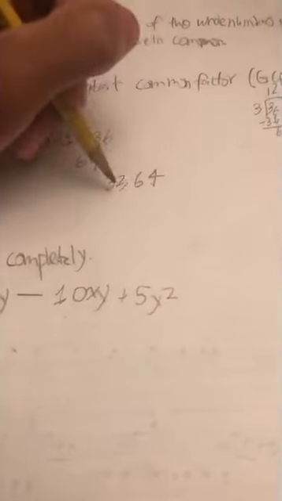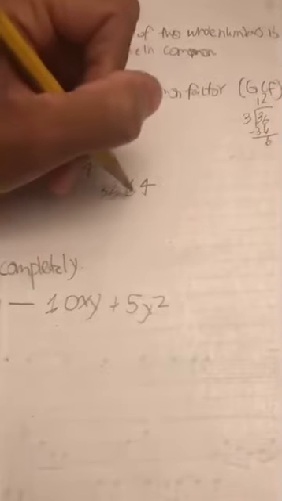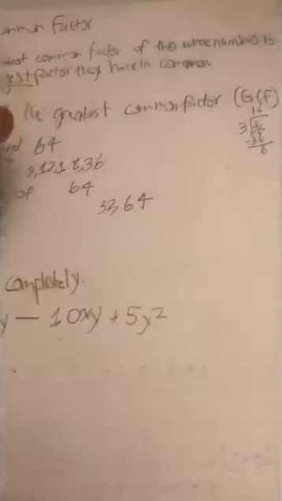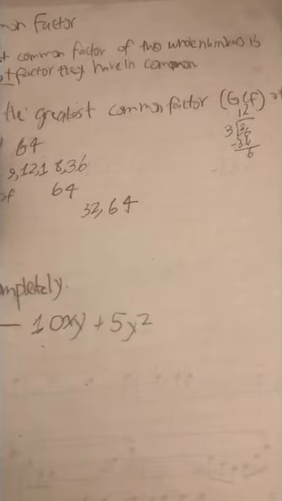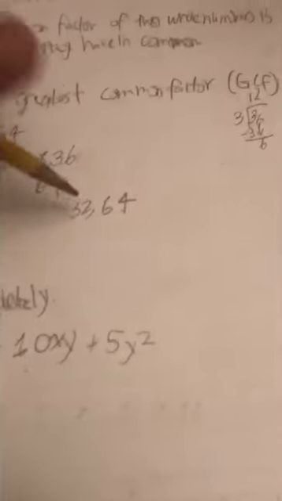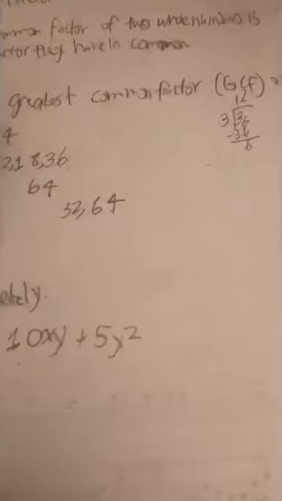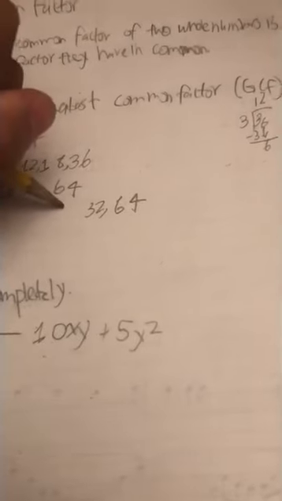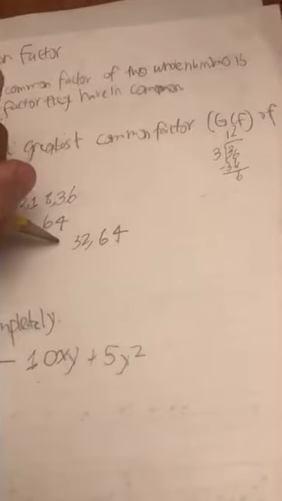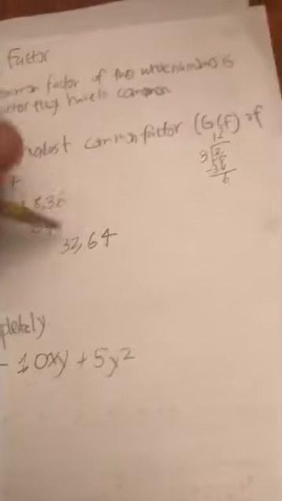Next, let's go up to 4. 64 divided by 4. We can do some quick mental math. 4 goes into 6 one time. That leaves 2. Bring down the 4.